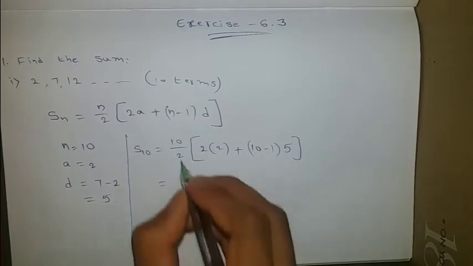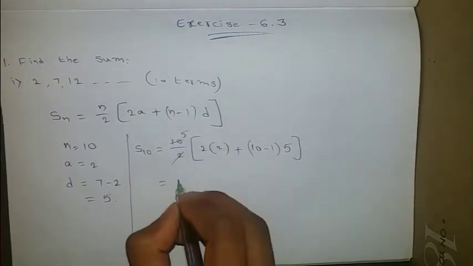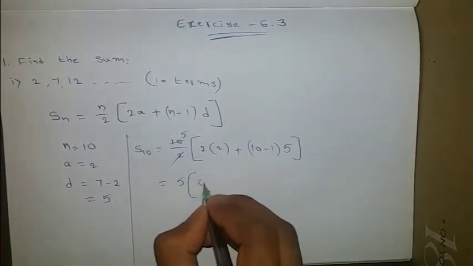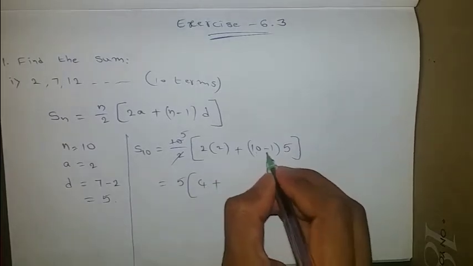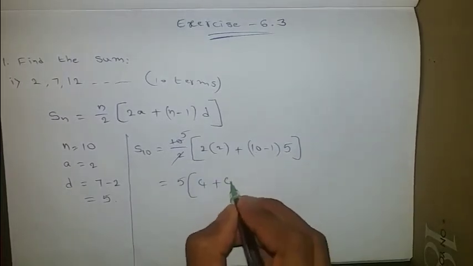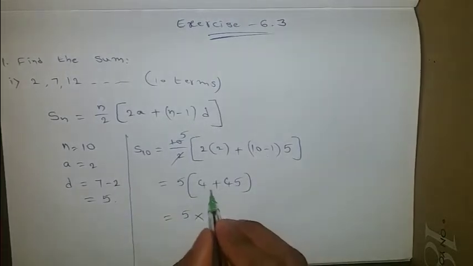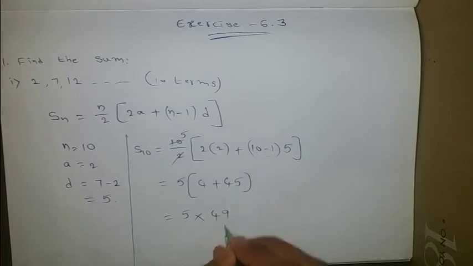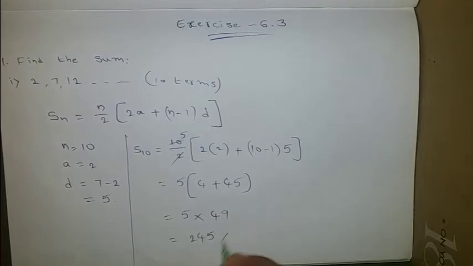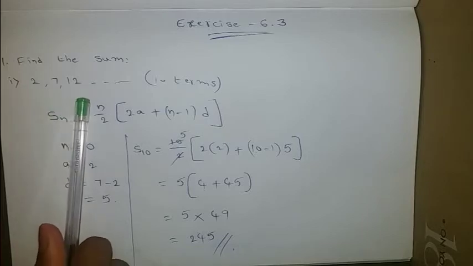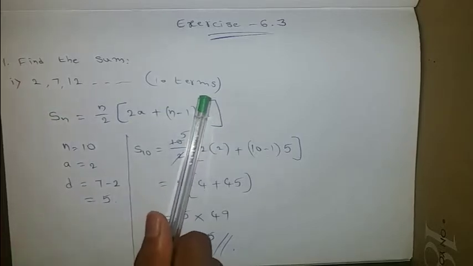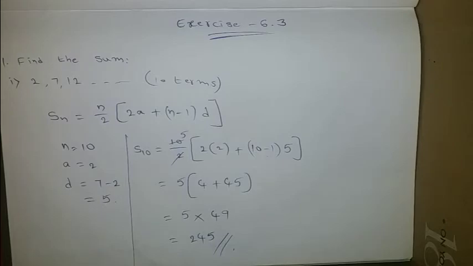Which is equal to 5 times 2 twos are 4, plus 10 minus 1, 9, 9 fives are 45, which is 5 into 4 plus 45, 49. 5 into 49: 5 nines are 45, 5 fours are 20, 245. So the sum of this given AP up to 10 terms is 245.